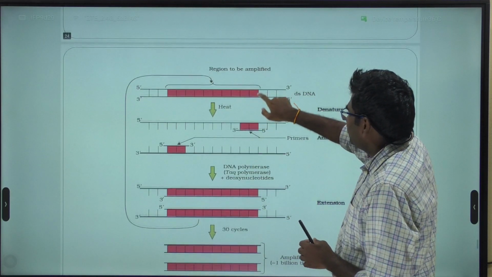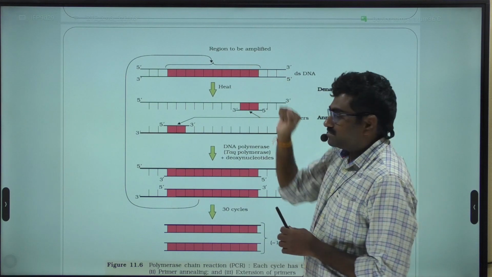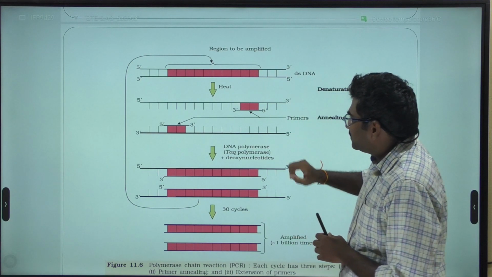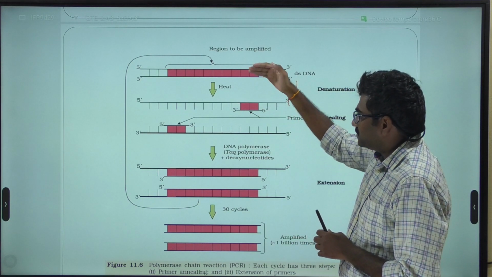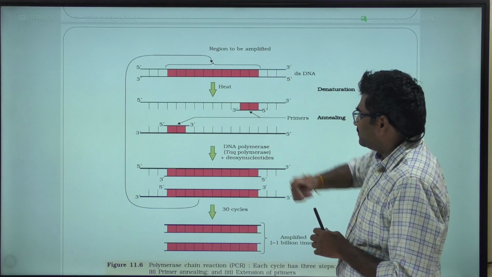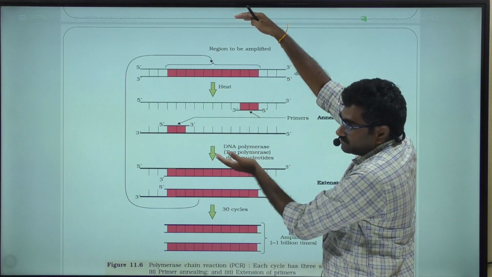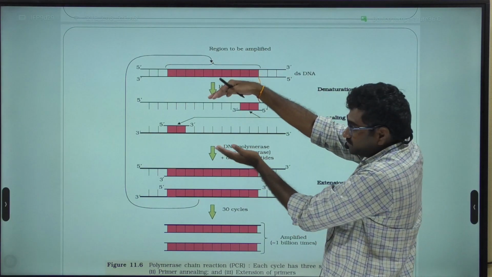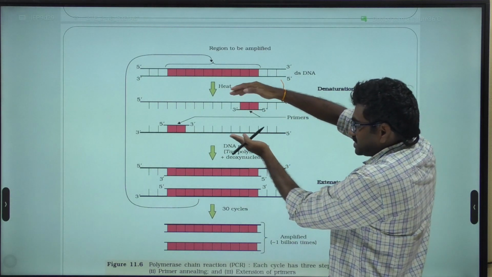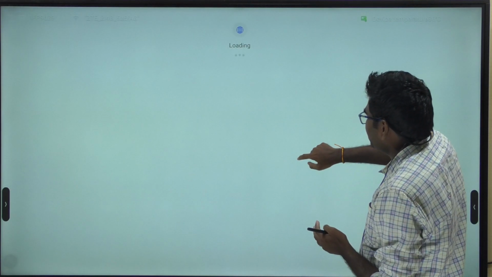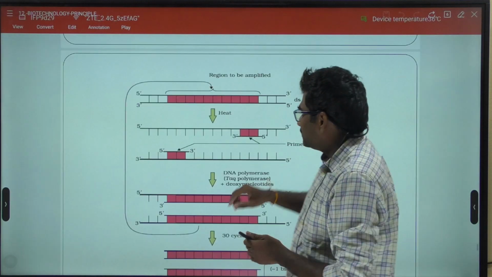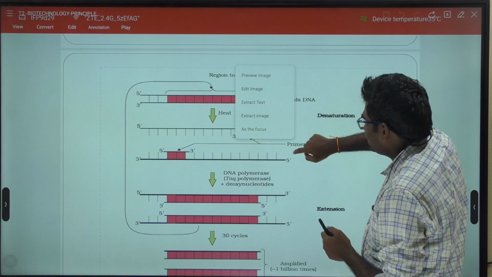So the DNA strands get separated, and each strand acts as a template.